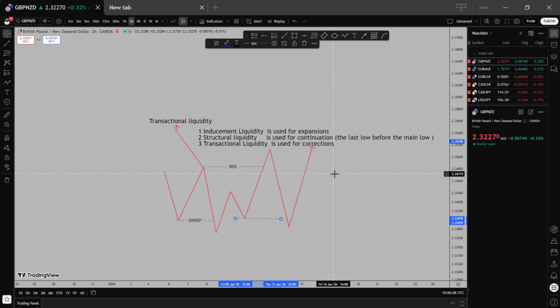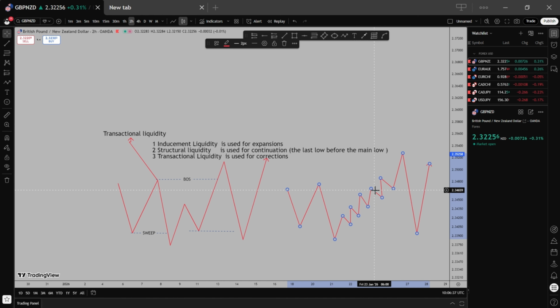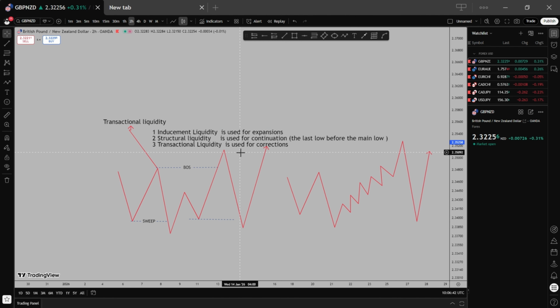Now, if you have structures like this, okay, let me draw this out, right? And then sweep, and then we start having internal structures right here. Now, some people might be confused finding out the structural liquidity because you're seeing many lows right here.